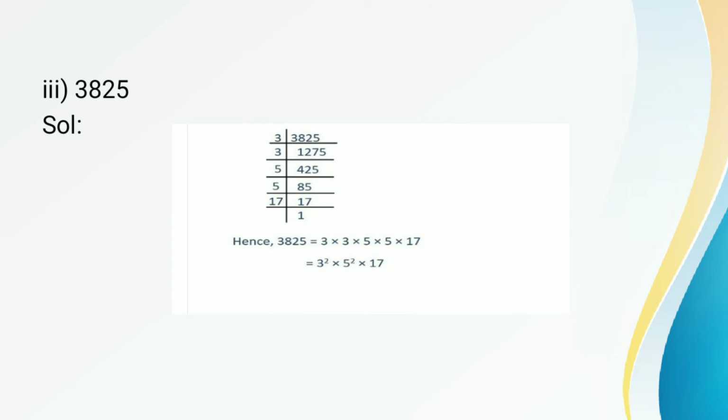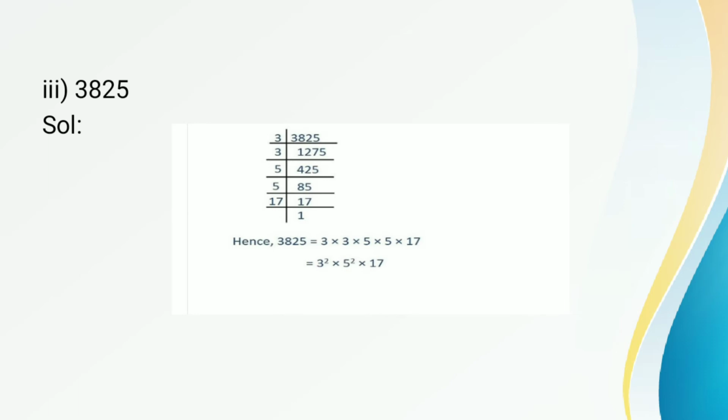For the third problem, 3825. The factors of 3825: 3 into 1275 is 3825, 3 into 425 is 1275, 5 into 85 is 425, 5 into 17 is 85, 17 into 1 is 17.